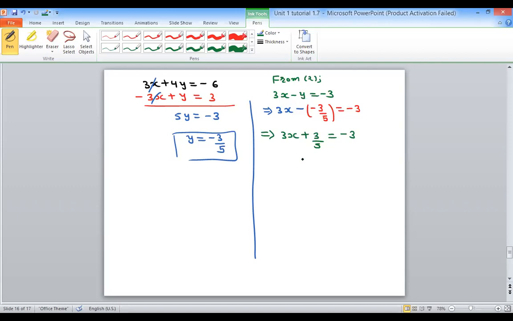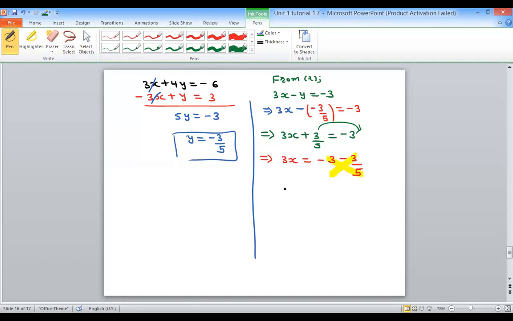In short, it's easy to multiply the whole equation by 5. Taking this term to the other side, change its sign. 3x as it is, minus 3 as it is, 3 by 5 is positive, its sign is changed. Now take the cross multiplication, LCM here.